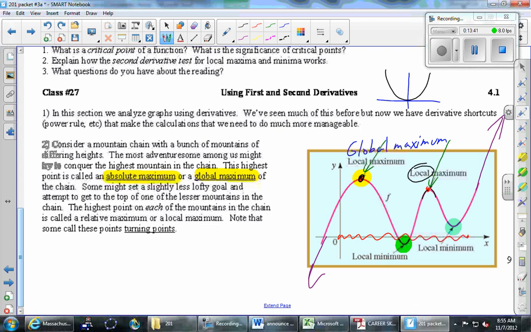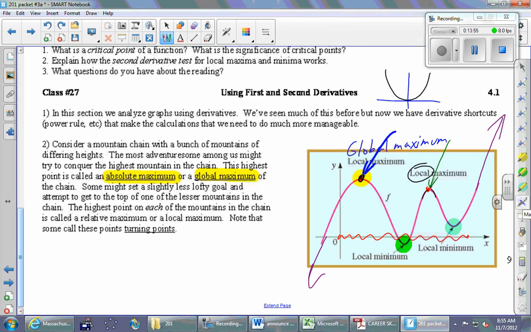So basically the 4 points that we've been focusing on, the local maxes, the local mins. The collection of all the maxes and all the mins is called the extrema, the extremes on both sides. So what kind of a tangent line is there at this point right up here at the top? That's horizontal. And how about at the other local maximum? Also horizontal. How about at the local mins? Horizontal.